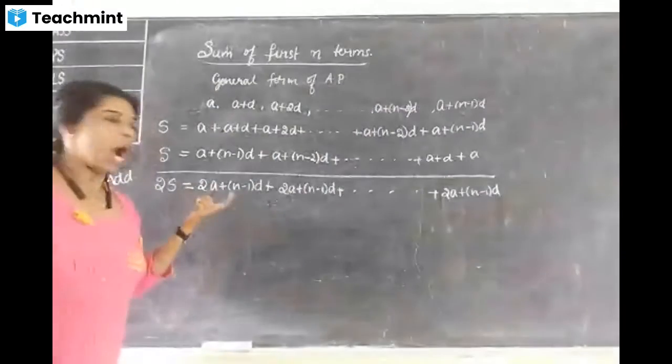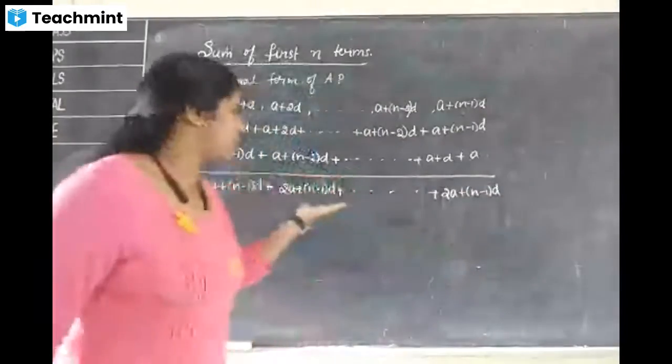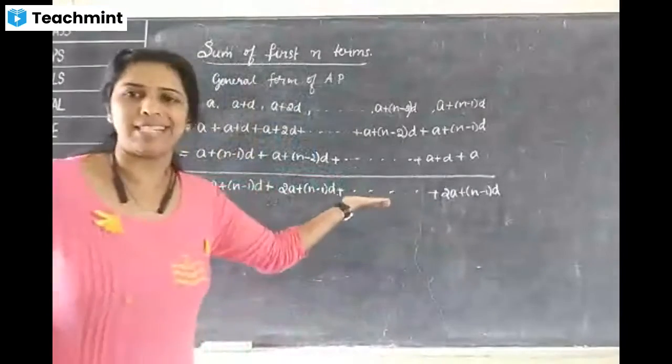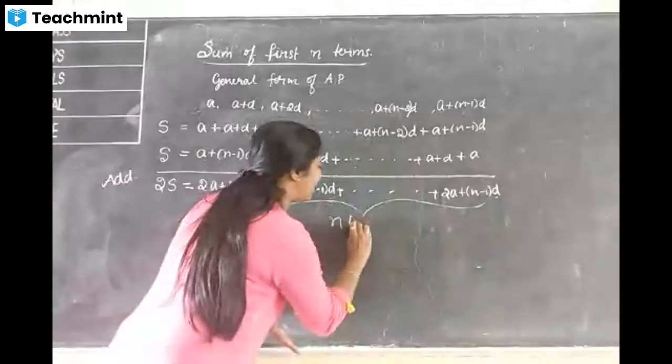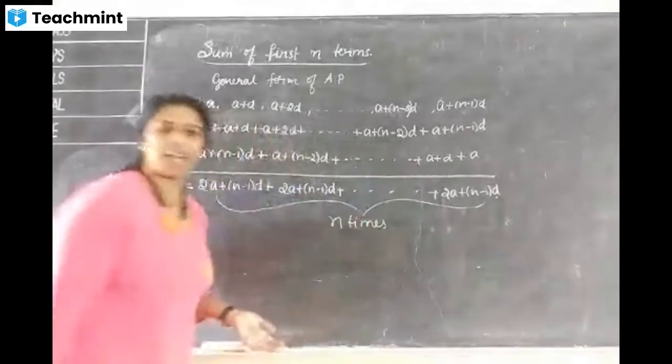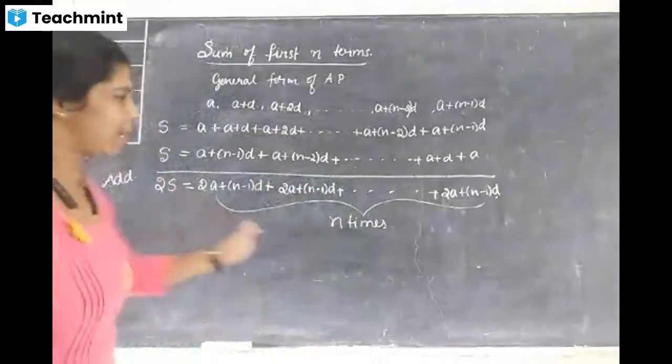So how many times 2a plus n minus 1 into d? We don't know, as there are dots in between. It may be 10, 100, or lakhs, so I write it is n times.